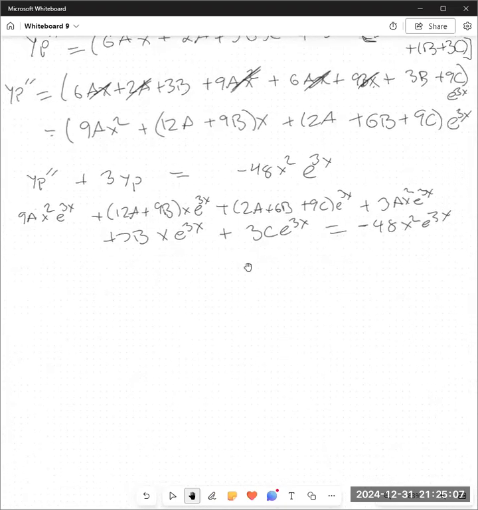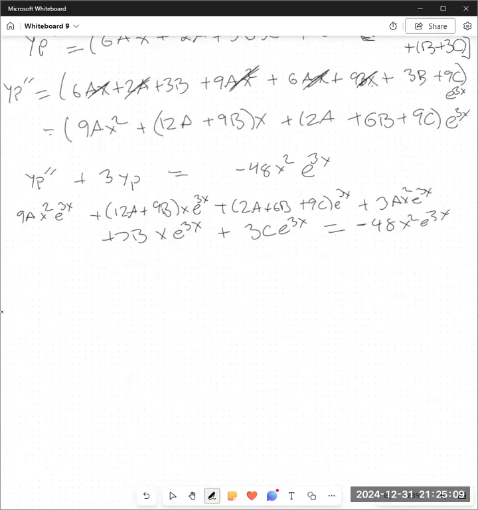Combine my like terms. 9 and 3 is 12a x squared e to the 3x plus 12a and 9b x e to the 3x.